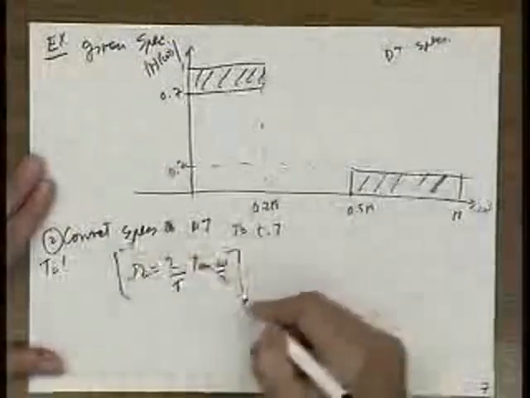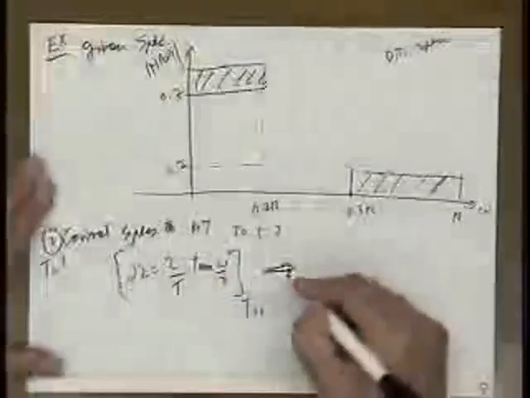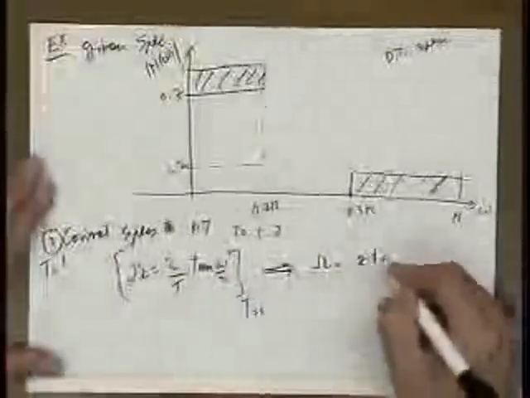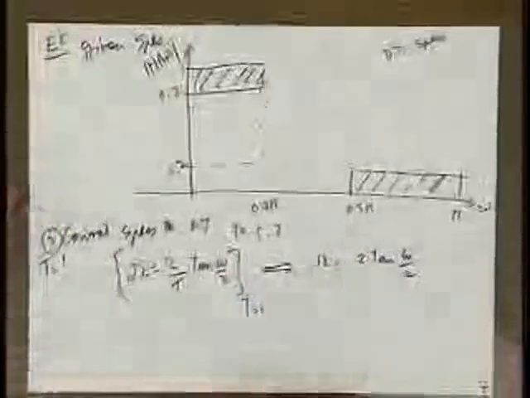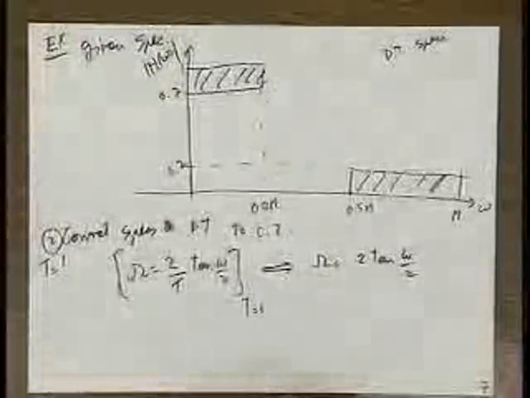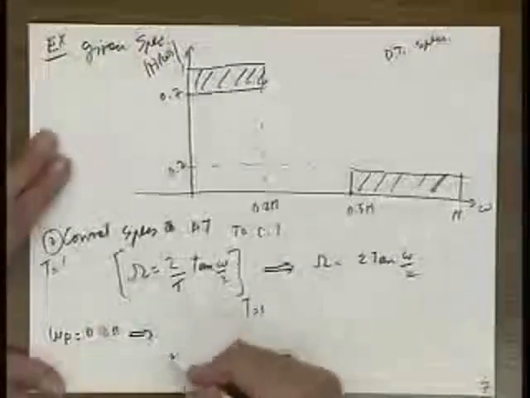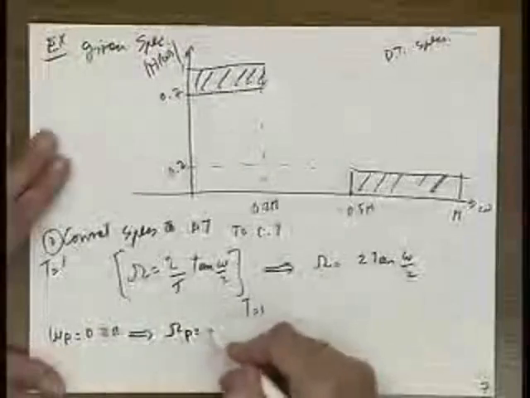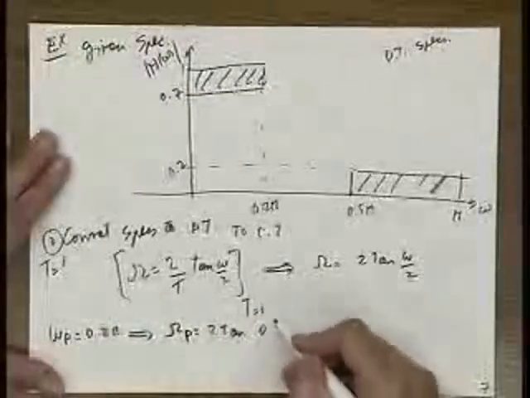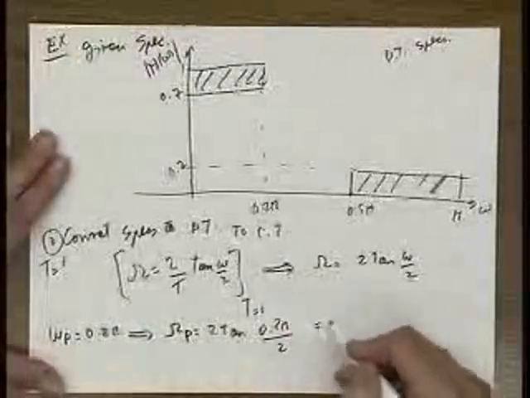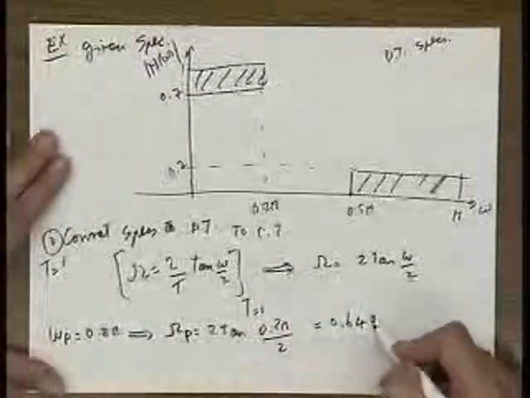If I let omega p equal 0.2 pi, capital omega p is 2 tan(0.2 pi over 2), which is 0.6498.